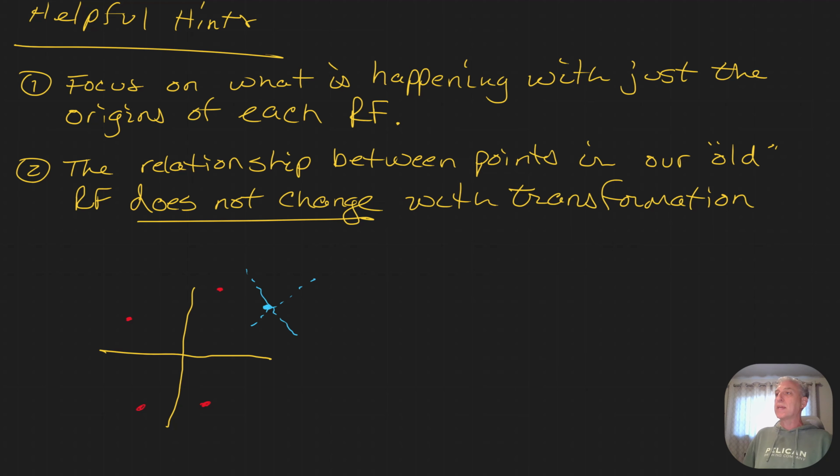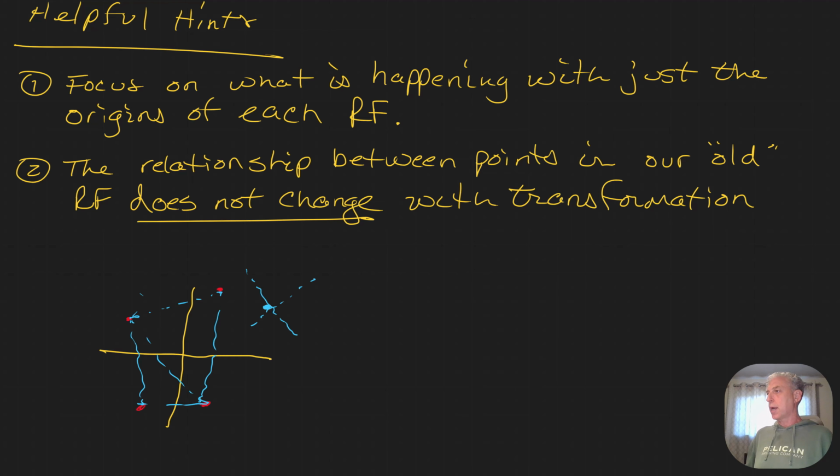But just because we've moved our reference frame, the distances and the angles between all our points don't change. They stay in the same place. So the relationship between the points themselves, no matter what frame, if we were to remove the axes, we would see no difference. They would stay the same.